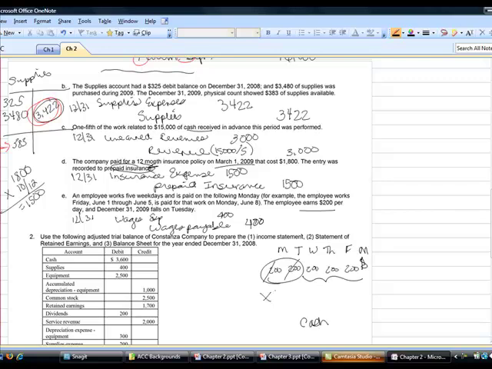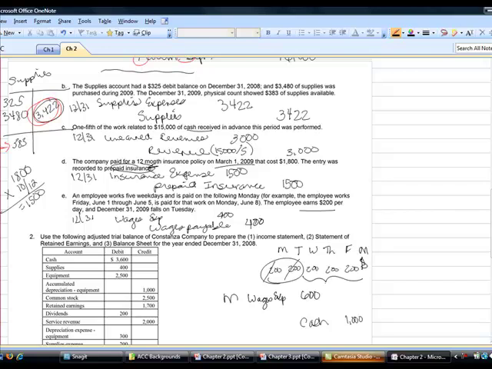I'm going to leave a debit blank, but cash is going to be $1,000. We're going to pay our employee for the entire amount, $1,000 cash. We need to expense out 3 days. So on Monday, we would record wages expense of $600.